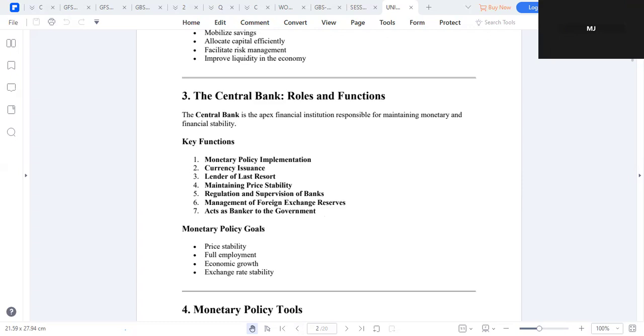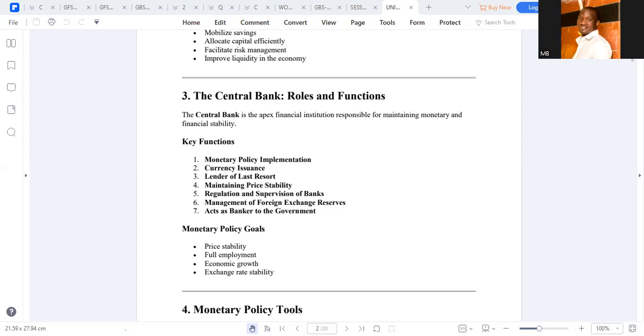It means commercial banks can lend from, this is where commercial banks go when they need to get loans. Exactly. It is where commercial banks go to borrow when they need money. When they don't borrow from each other, they can borrow from the central bank.